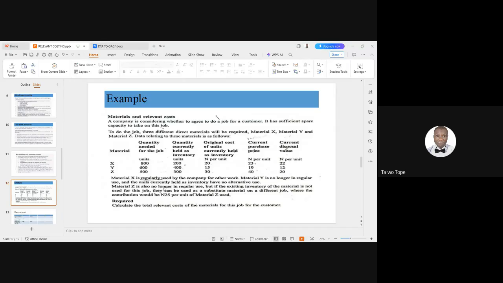So it means that, and I said, opportunity cost is always a relevant cost. That thing you are losing is a relevant cost to the decision you want to make. Take note of that. That sacrifice you are making is a relevant cost. So in relation to this, can somebody move further and tell us what will happen?